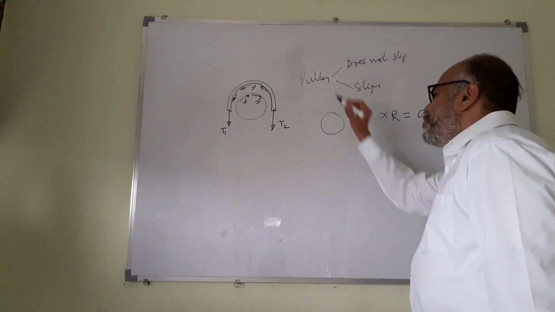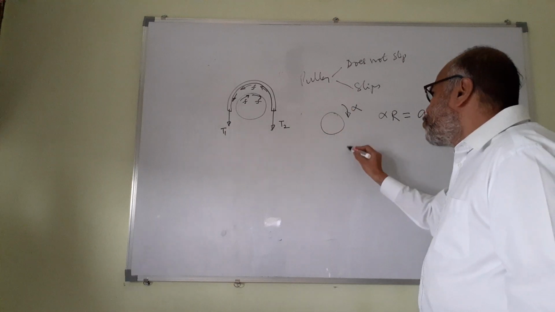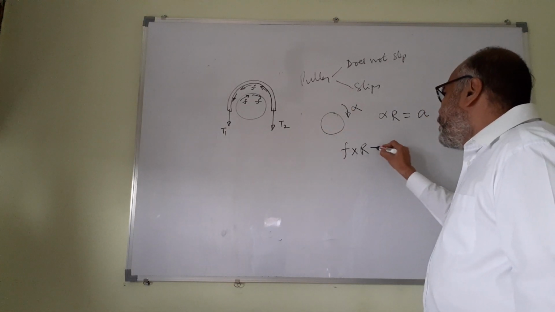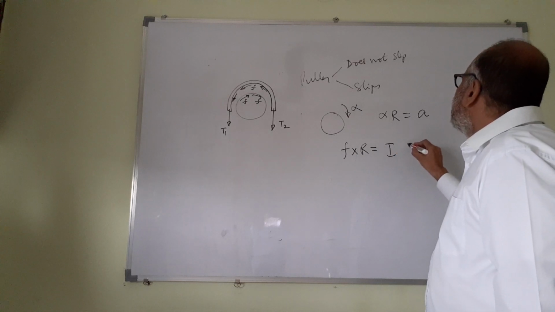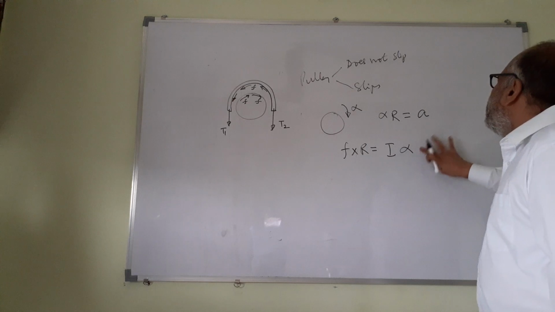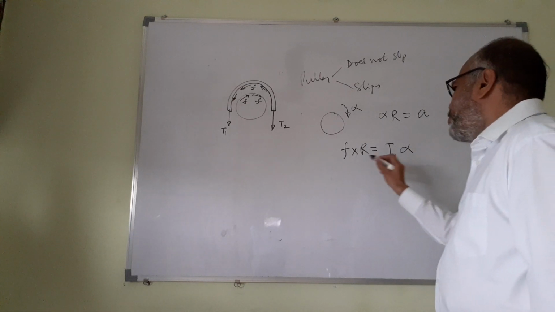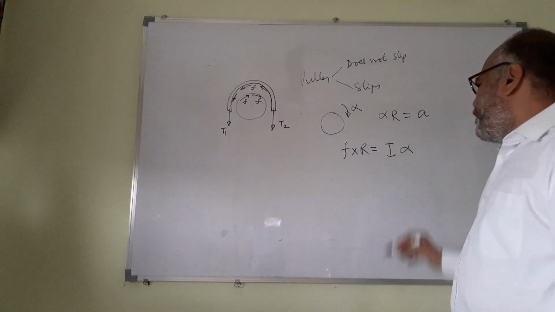Now, it is the frictional force which is causing the torque. So F into R will be equal to I, the moment of inertia of the pulley, into alpha. This is the torque equation.